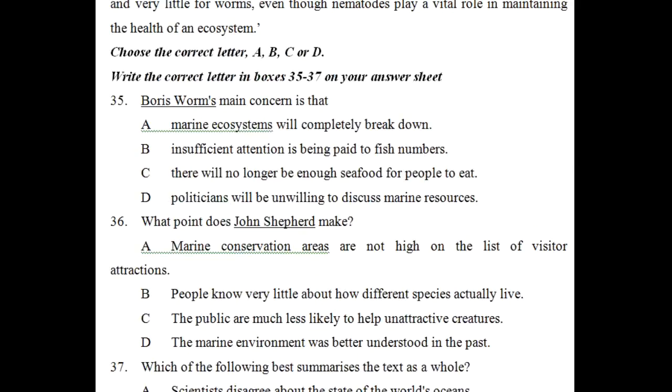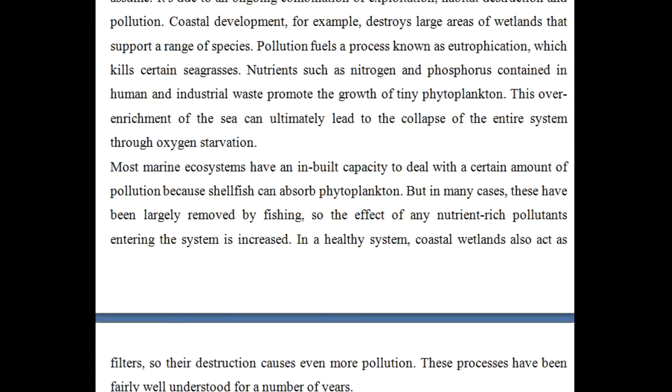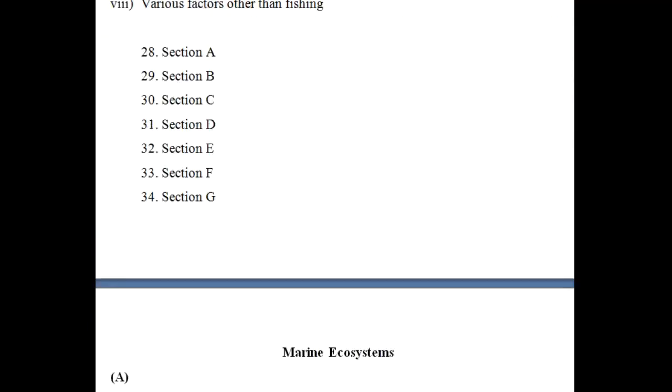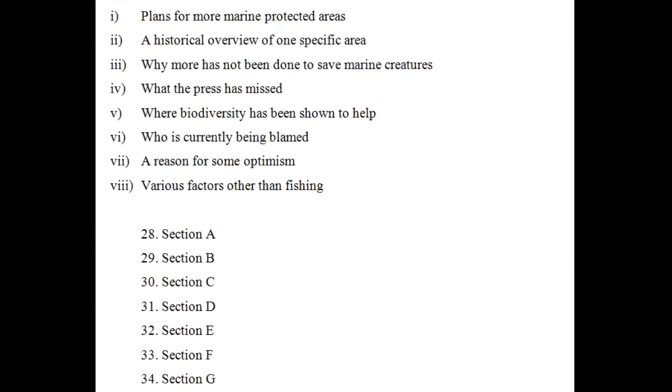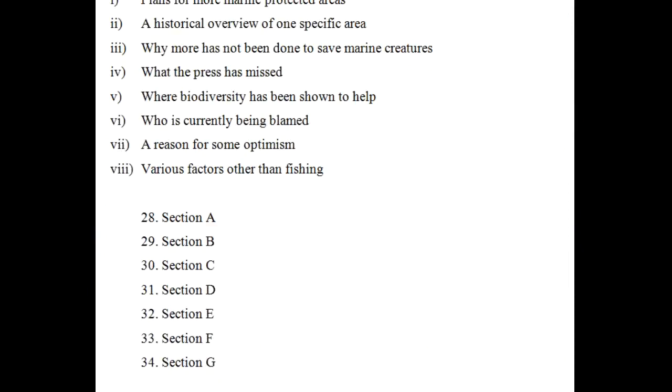We have to find out two names, Boris Worms and John Shafford, while we are doing question type 1. And in this question type, this is the only question type that allows you to go through the entire passage. So you cannot go through the entire passage again for another question type. So this strategy is highly effective.